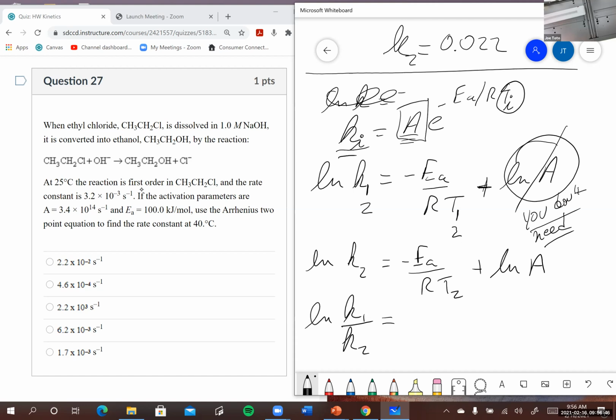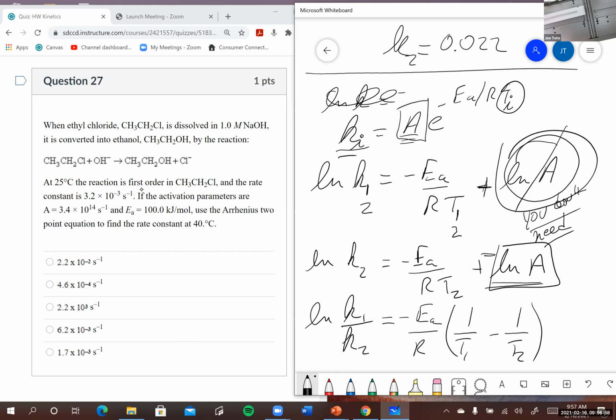And then I can just bring down the EA over R and 1 over T1 minus 1 over T2. And these guys, since they're the same, if I subtract one from the other, they cancel. And so this is where you get the Arrhenius 2-point equation. And it doesn't have that pre-exponential factor A in it anymore, because you assume that A is constant over the temperature range that you're using this equation.